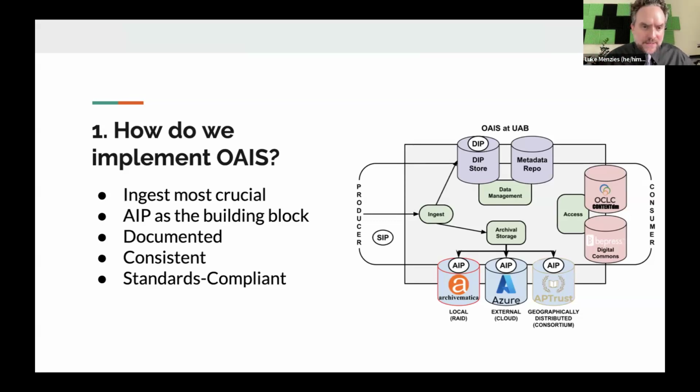And another concept that drives us is, I like to say, if it's not documented, consistent, and standards compliant, then I don't want to hear about it. And so as much as possible, we try to document everything. We try to apply everything consistently, because even if you make a mistake or if you have an imperfect thing, if it's documented and consistent, then it's very easy to go back and correct that.